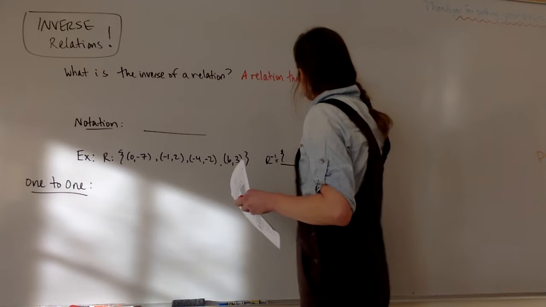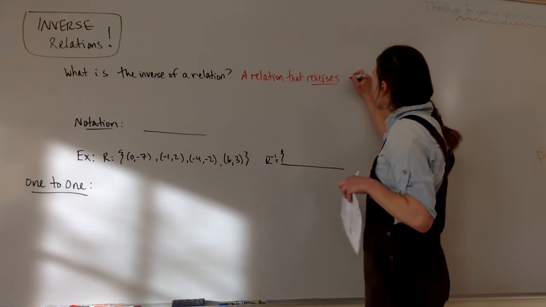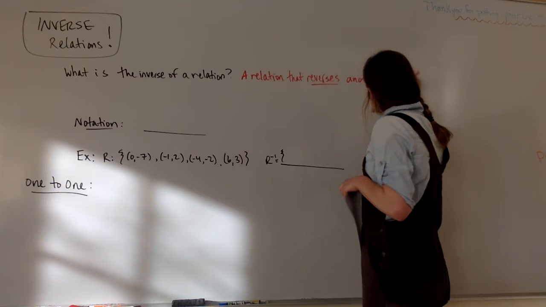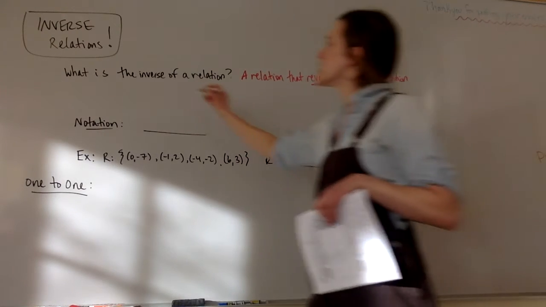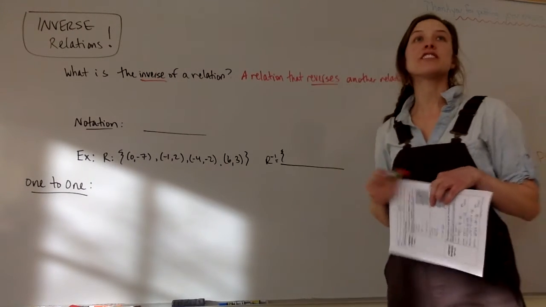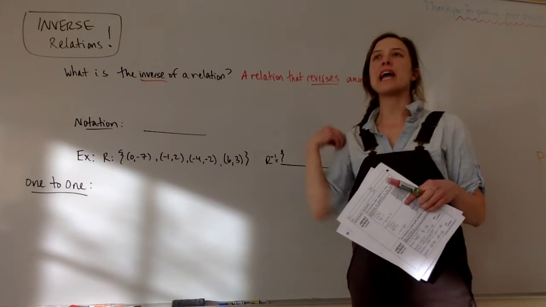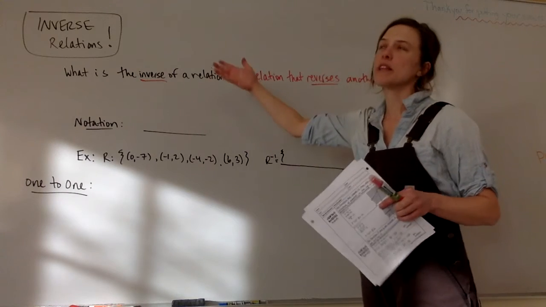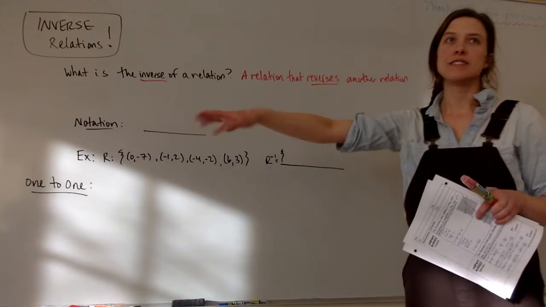So I'll just use the same language, inverse, reverse. So it reverses another relation. So the inverse of a relation is a relation that reverses another relation. So it's essentially, how do I undo a specific function? We're talking about relations now, but how do I undo a relation that I have? It's the undoing.